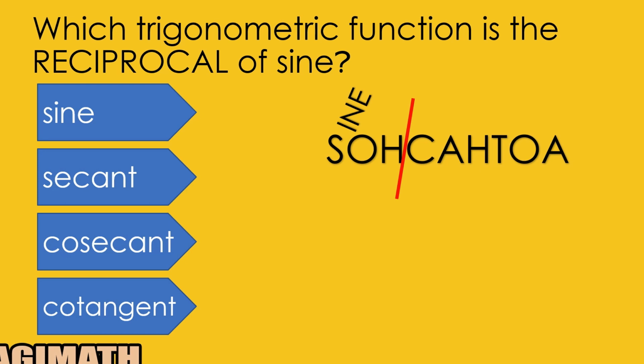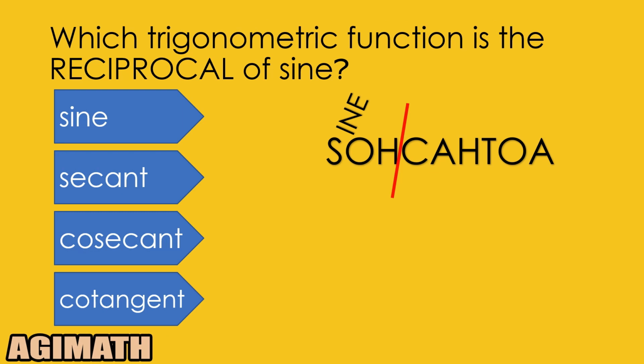The S stands for sine, and the two letters after the S tell us what parts of the triangle will be used. For sine, it is followed by O and H. O stands for opposite and H stands for hypotenuse.